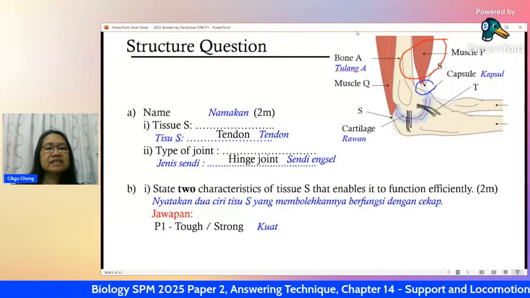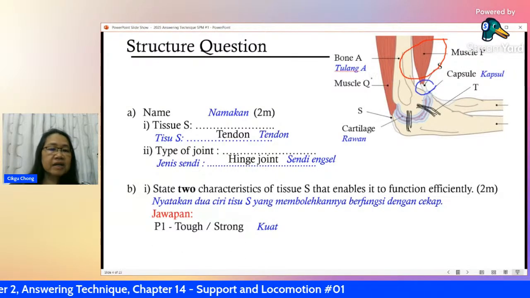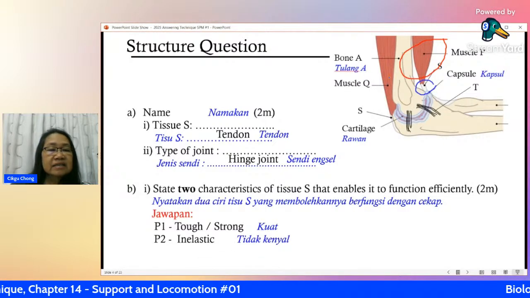So the answer here is tough, strong. Tough and strong have the same meaning. And another answer is it is inelastic.